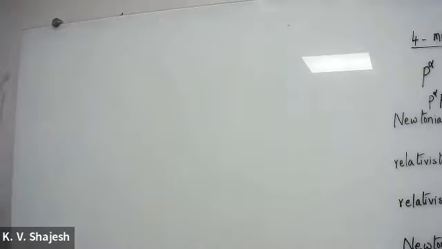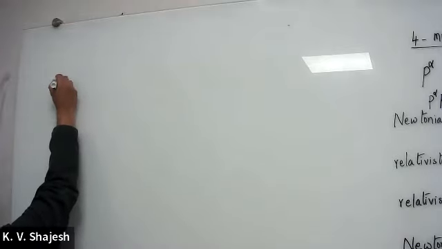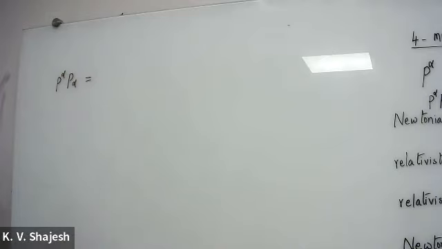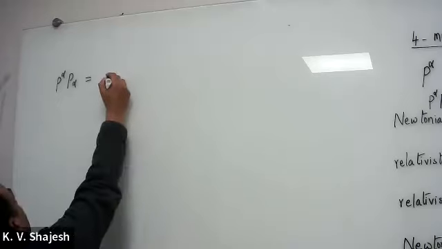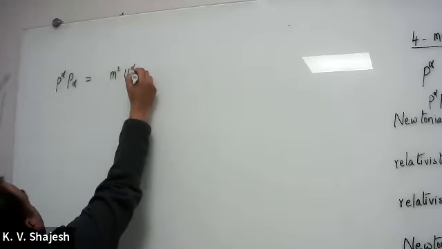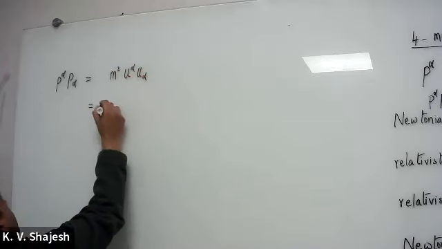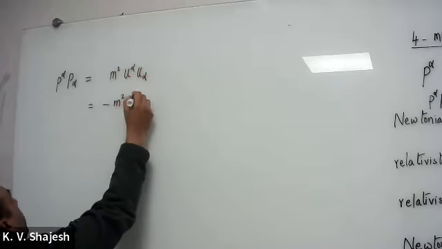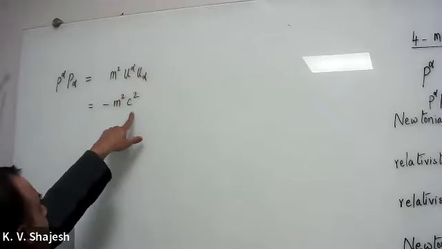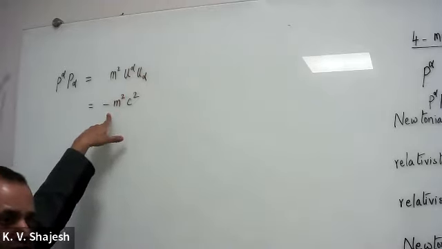So p alpha p alpha is an invariant quantity, invariant in the sense that it is not going to change from one frame to another. So this is m squared u alpha u alpha. So that's minus m squared c squared. That remains invariant. And that clearly says that if this is invariant, c has to not change, m has to not change.